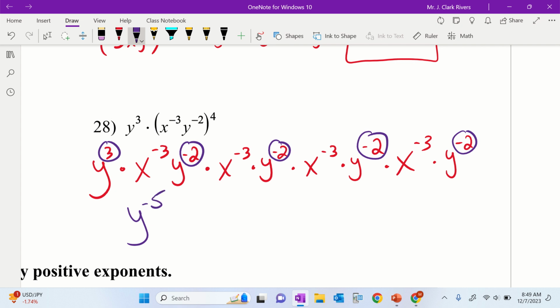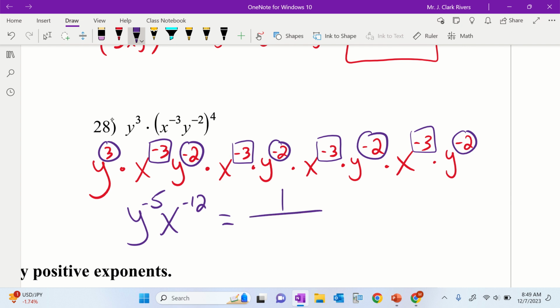Y to the power of negative 5. Let's do the same thing for the x's. X to the power of negative 3. So negative 3 plus negative 3 is negative 6. Negative 6 plus negative 3 is negative 9. Negative 9 plus negative 3 is x to the power of negative 12. So that's equal to 1 over y to the 5th x to the 12th.